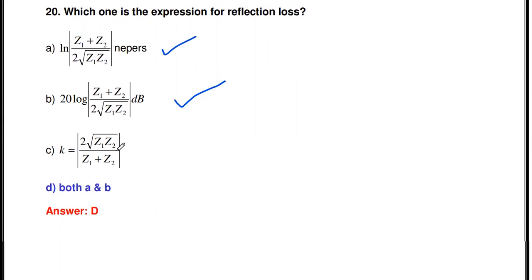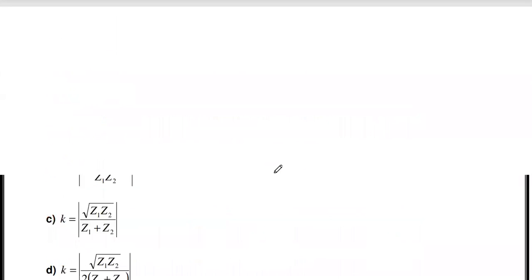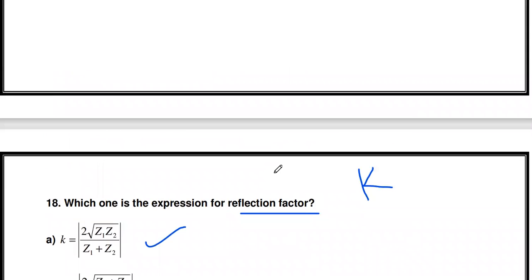The reciprocal of the reflection factor is the reflection loss. So both A and B are the answer. The remaining one is the reflection factor, but here the question is the reflection loss.